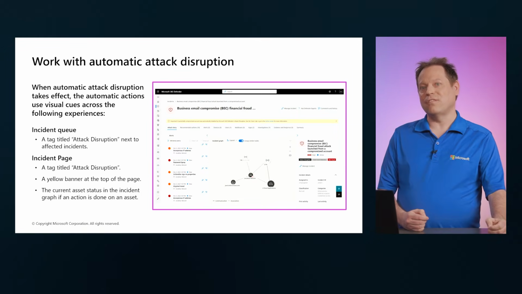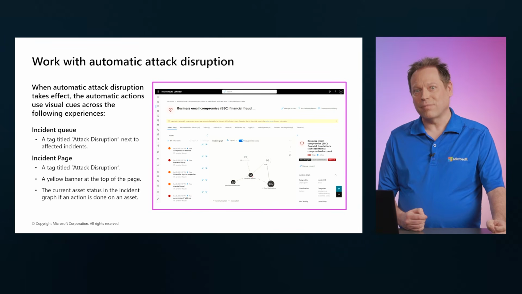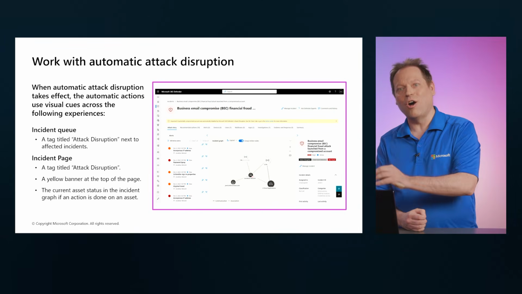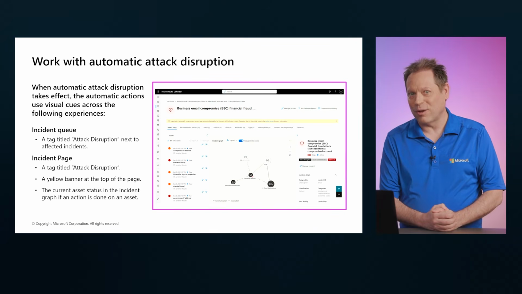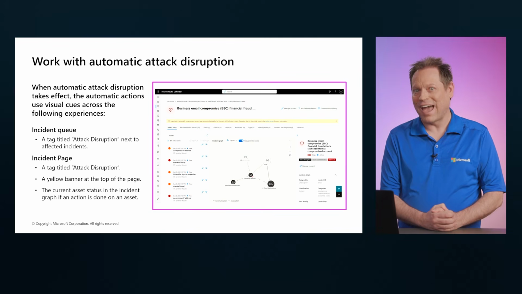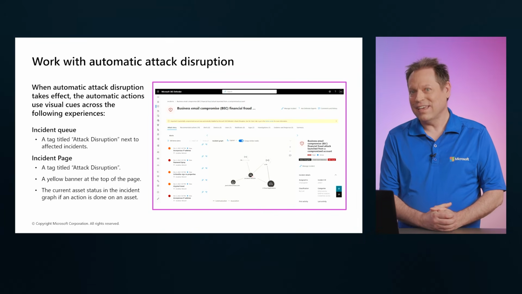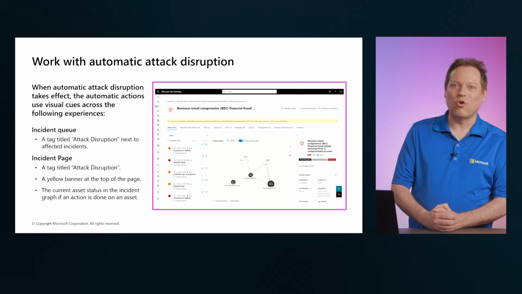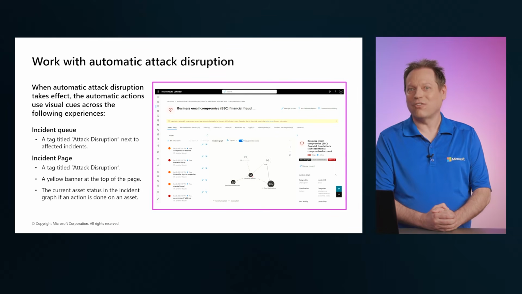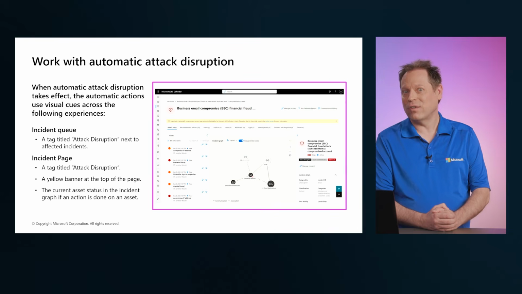When you open the incident, you'll see that same tag on the incident page, along with a yellow banner at the top to highlight that disruption actions have occurred. And inside the incident graph, the current asset status is updated when an action has been taken against an asset, helping you quickly understand what has already been contained and what still needs attention.